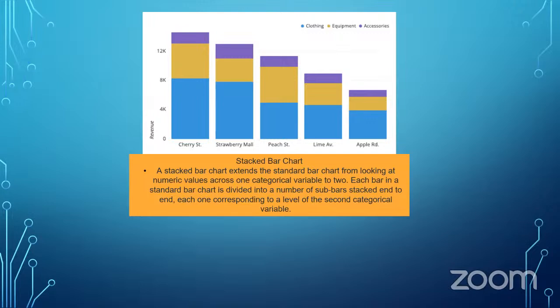Again, this category is less than this category in case of the strawberry. So this stacked bar chart will help you to compare the different variables based upon their frequency distribution.